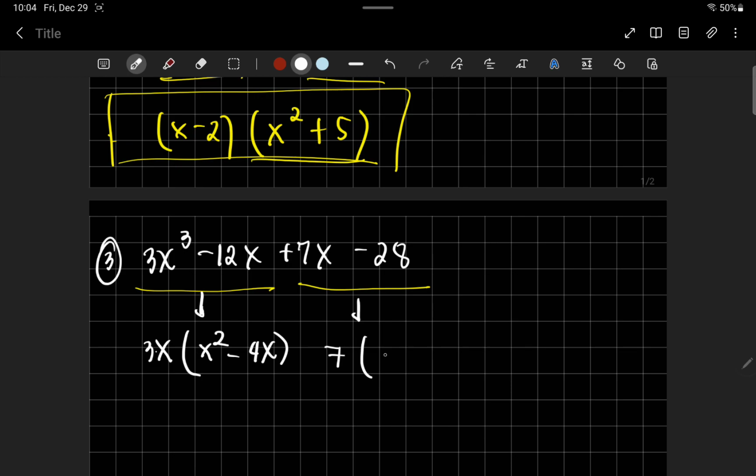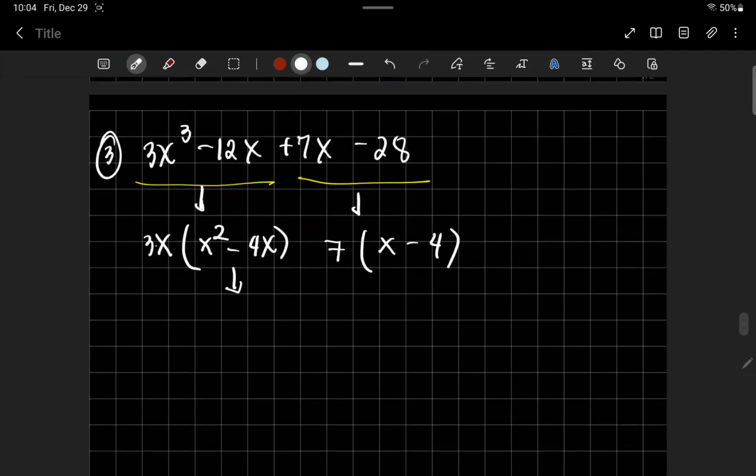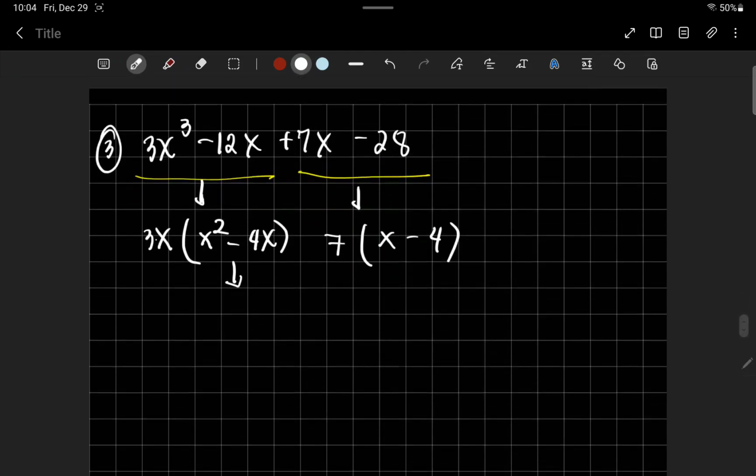So, 7x divided by 7 is x, and negative 28 divided by 7 is negative 4.